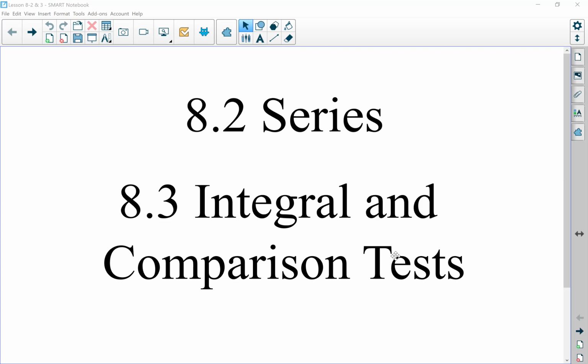But what is AP material is this thing called a series, very much related to sequences, but this is like the cool uncle to the sequence. And then we'll talk today a little bit about a couple of tests that we can do with sequences.